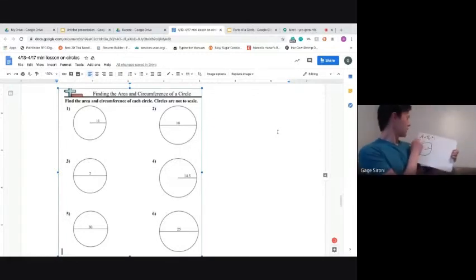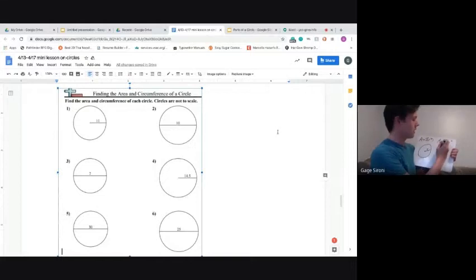And I still have my formula up here. Area equals pi r squared. So I'm going to take 11 and throw it in for my r right here. So area equals pi times 11 squared. You're going to take your calculator, do 11 squared, which is 121. 11 times 11 is 121.